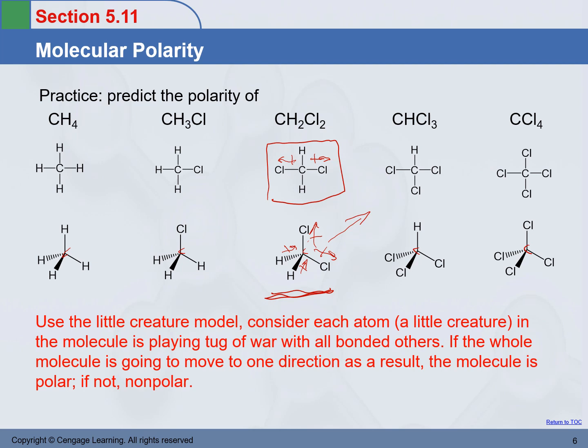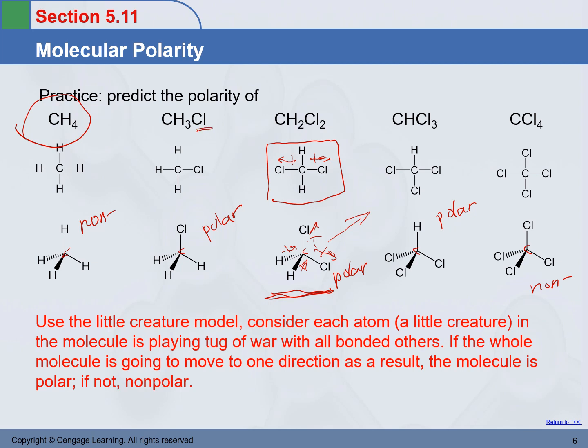All right, this is going to be nonpolar. This is going to be polar. This is going to be polar. We did this one already. This is going to be polar. This is nonpolar. So what do you see here? We started from methane. Each time we are replacing one hydrogen with a chlorine.